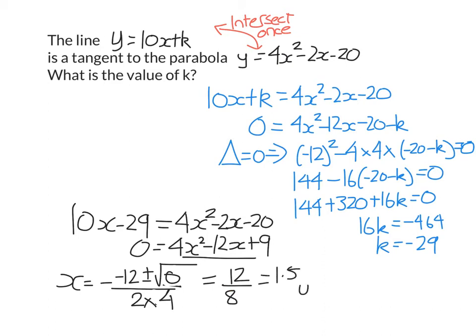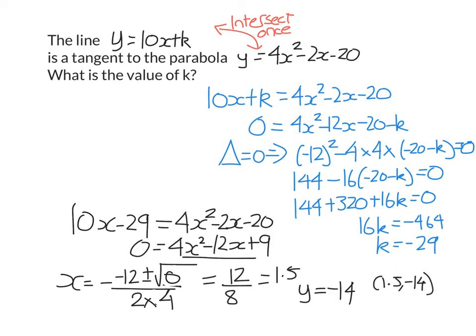And if I substitute that into the equation, I can substitute it here or here. It's obviously easier to do here. Y would be 10 times 1.5 minus 29, which is minus 14. So the line y equals 10x minus 29 intersects this parabola at one and only one point, which is (1.5, minus 14), okay?